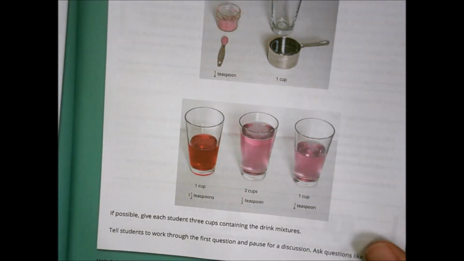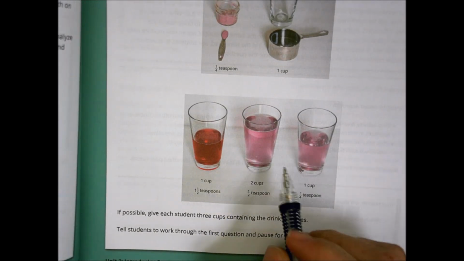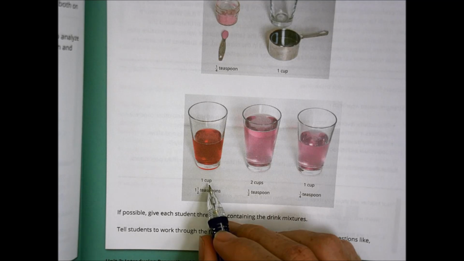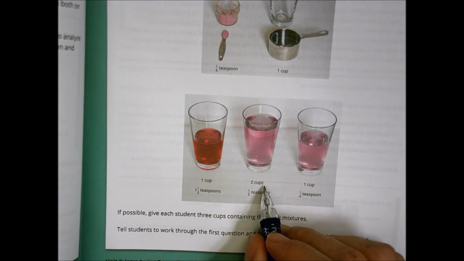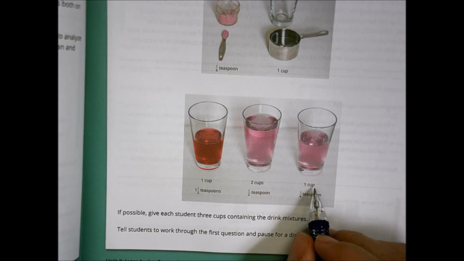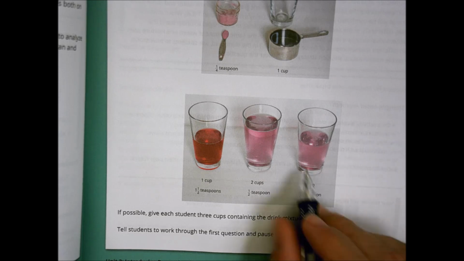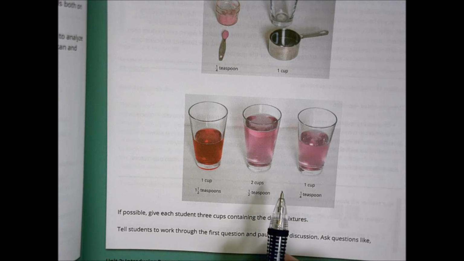And when you did that, you had 3 different drink mixtures. One was made with 1 cup of water and 1.5 teaspoons of flavoring. Another with 2 cups of water and a half a teaspoon of flavoring, and one with 1 cup and a 1/4 teaspoon of flavoring.